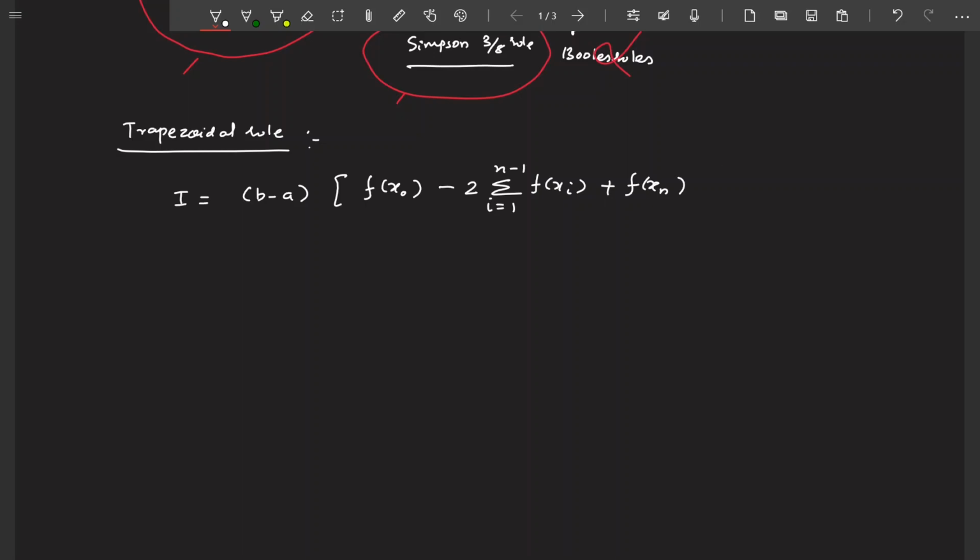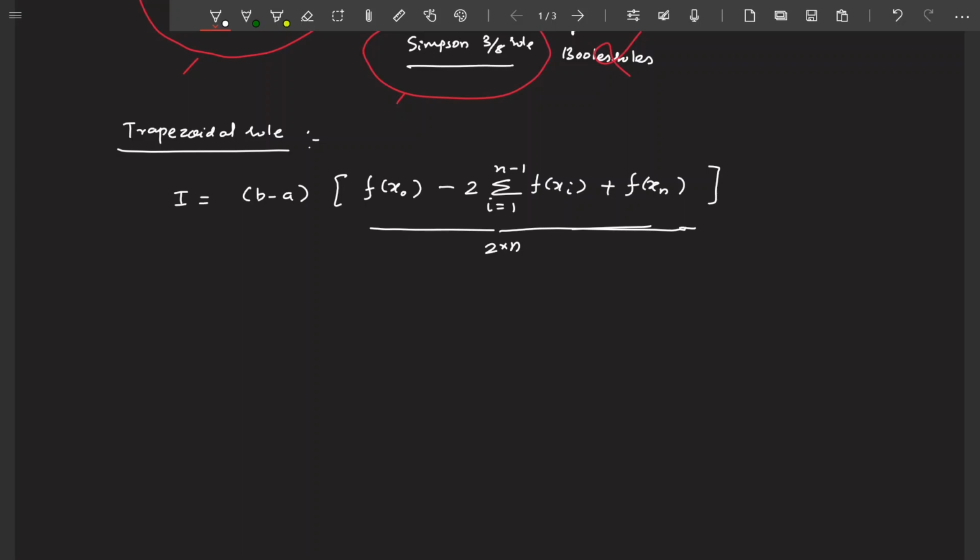Okay. Divided by 2n. So this is the formula of trapezoidal rule.